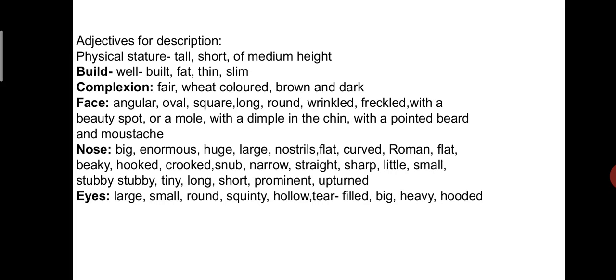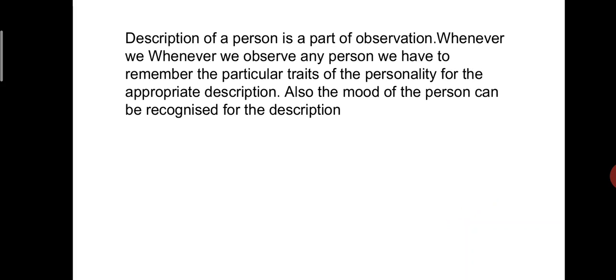See, a number of adjectives we can attach for each person: description of nose, description of face, or description of complexion. There is a use of adjectives for the description. Adjectives used for the eyes are large, small, round, squinty, hollow, tear-filled, big, heavy, or hooded. So these adjectives are important for the description of a particular person.